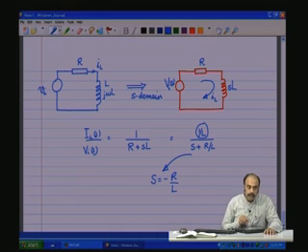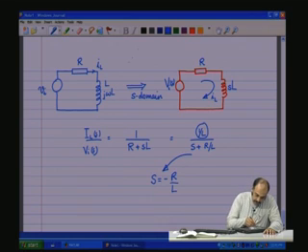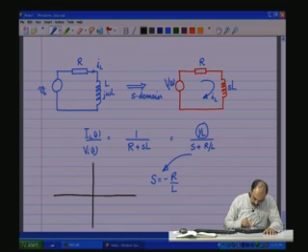minus R by L. So, what it basically means is that if I have the S plane, sigma axis, the omega axis, this is the 0, S is equal to minus R by L, again the minus part of the real axis.